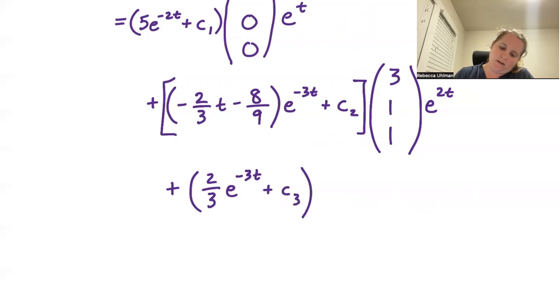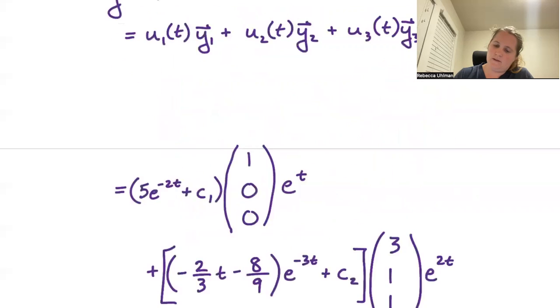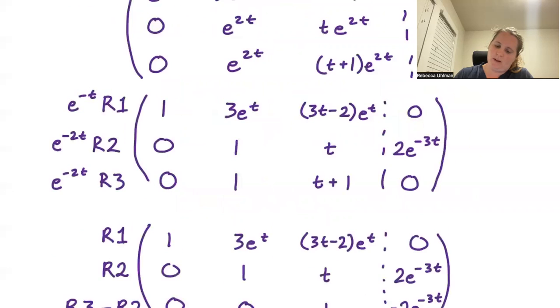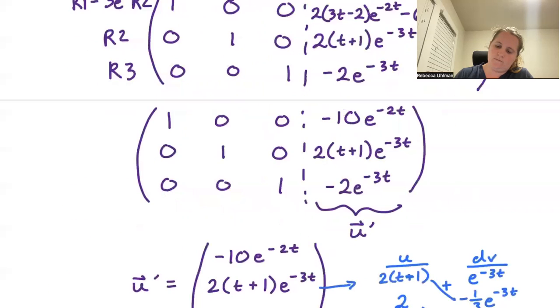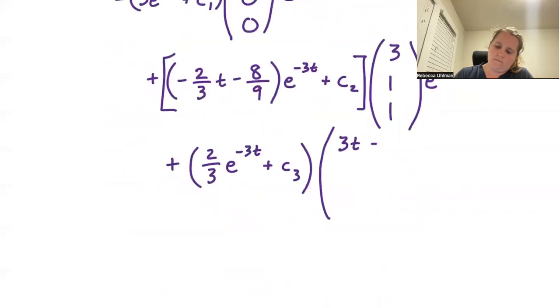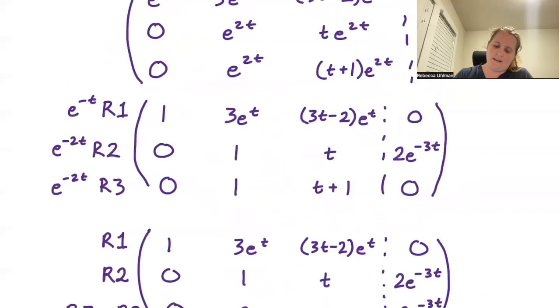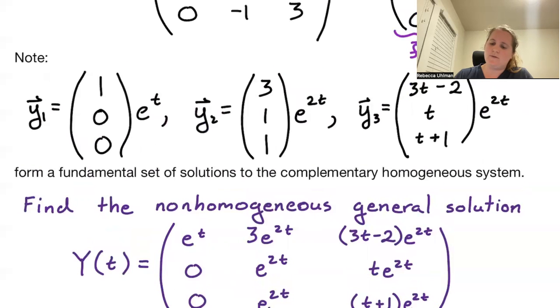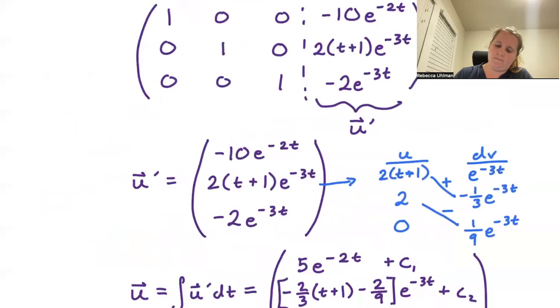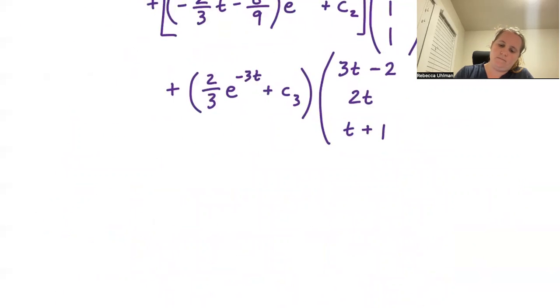And this is multiplying 3t minus 2, then 2t, and t plus 1, all times e to the 3t. Sorry about the long scrolling.